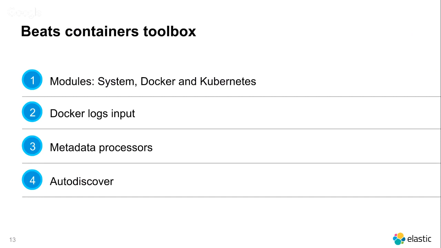So: modules, Docker logs input, metadata processors, and autodiscover. These are the four major tools that we provide within Beats. You can use them together or only use one of them. It depends on your use case. And you can mix all this with the existing features of Beats, and we can see this later on in a demo I'm doing. So let's get started with modules.